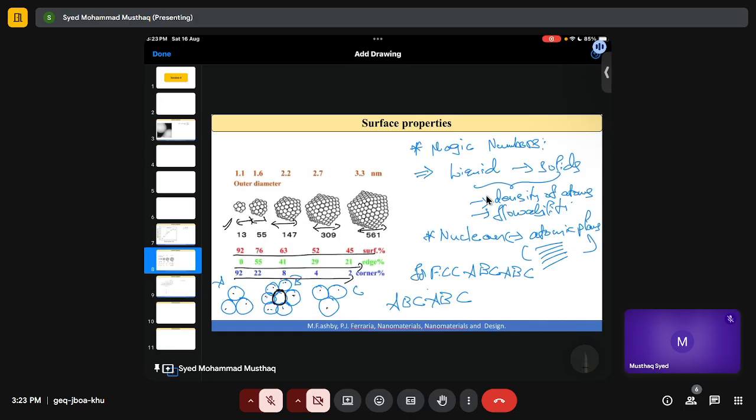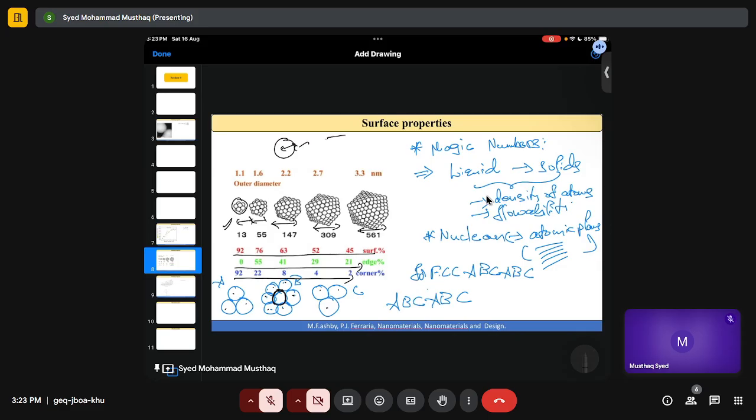See, here you can see whenever you have a sphere, the sphere type structure, wherever you point, you will have a radial direction, and that will not change. That's why you call it isotropic.